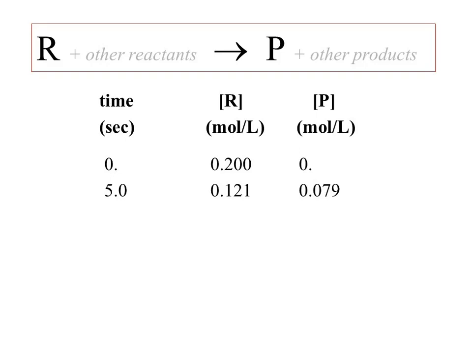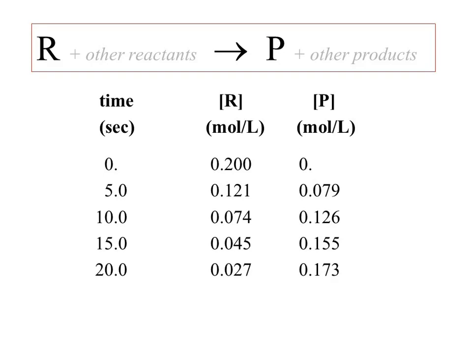You remember what the bracket means, right? It means molarity, molar concentration. So 10 seconds, 15, 20 seconds. You can definitely see the trend: the molar concentration of your reactant is getting less, and the molar concentration of your product is getting greater. Graphically, this is what that would look like.